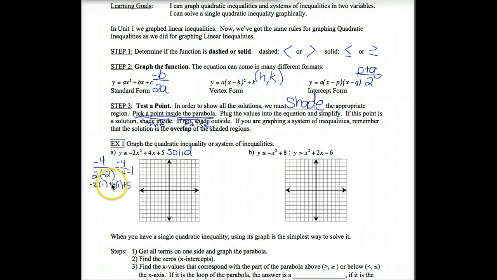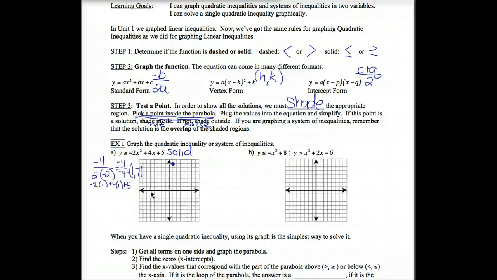So -2 plus 4 is 2, plus 5 is 7. So (1, 7) is going to be my vertex. I'm going to go ahead and put that on the graph, here's where my vertex is. Because the a value is negative, I know this is going to open down.